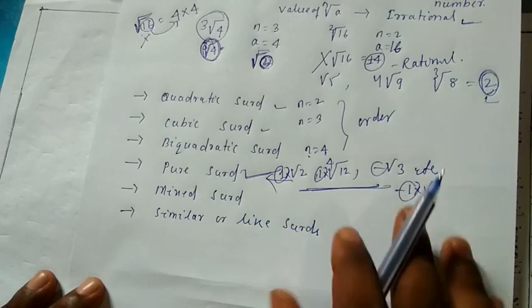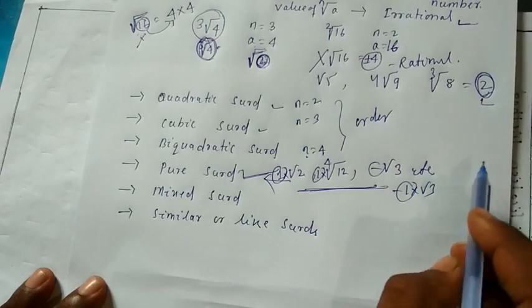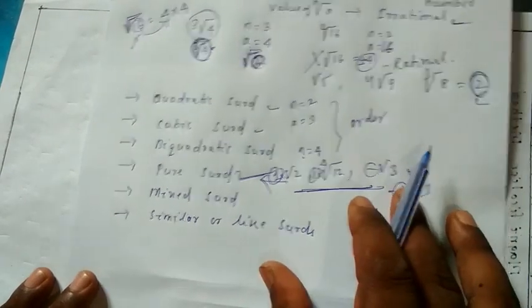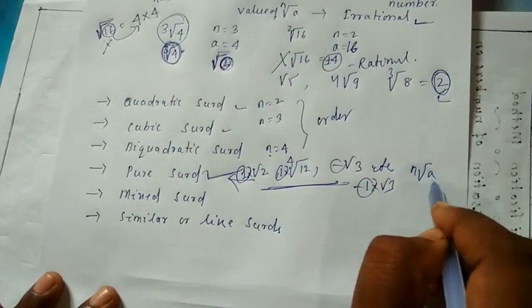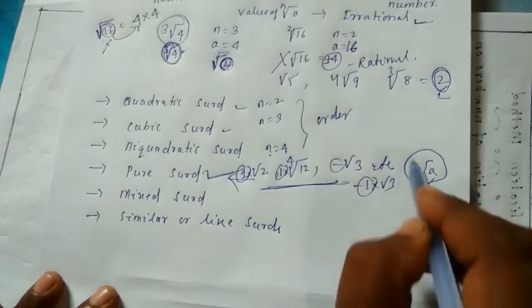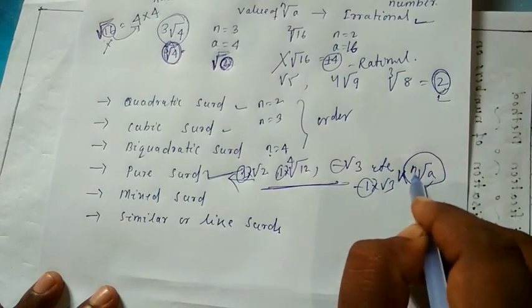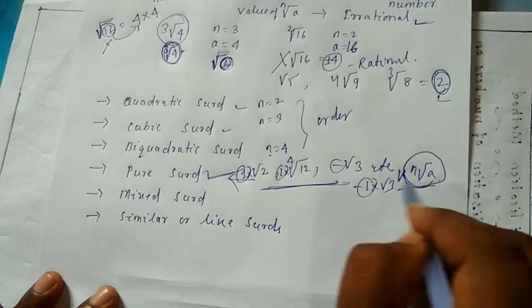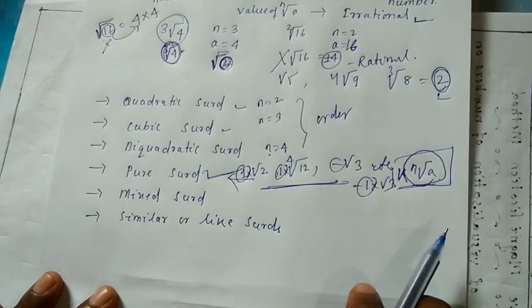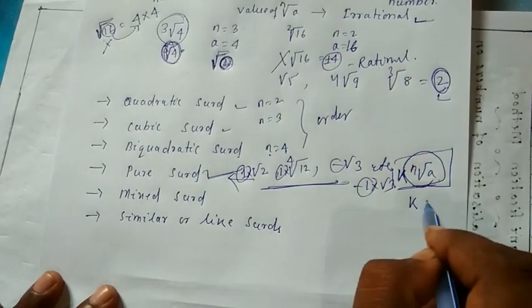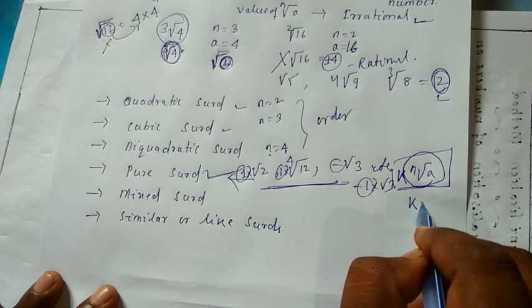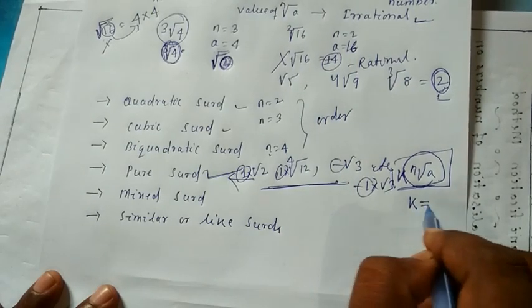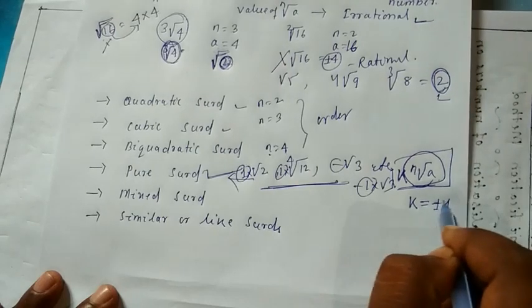Or you can say in another way, k into nth root of a will become a pure surd where k is a unit, either plus or minus 1.